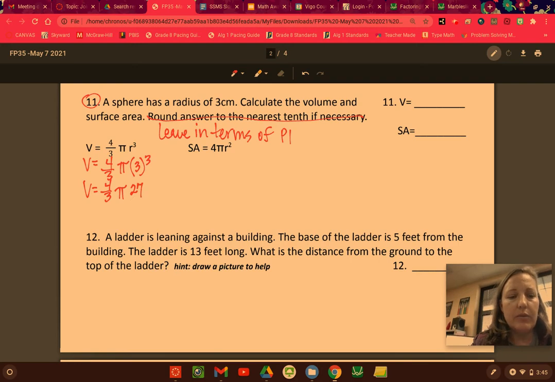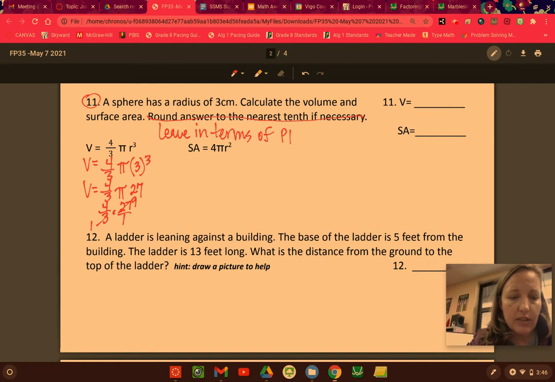So ultimately, we can multiply 4/3 pi and 27 in any order, so I can move these around, right? That's the associative property, which allows me to group multiplication differently. So I'm going to look at it like 4/3 times 27 over 1. See how I'm going to multiply? So then 3 goes into 27 9 times.